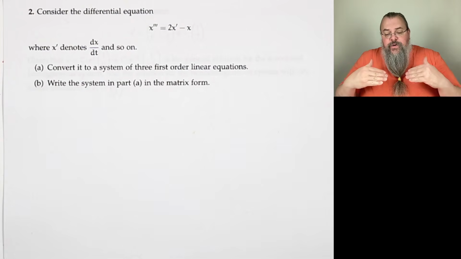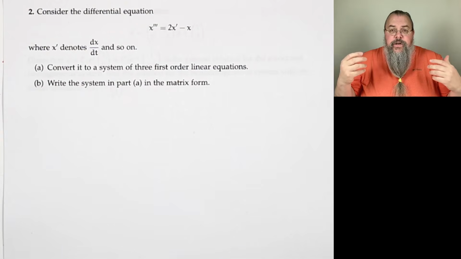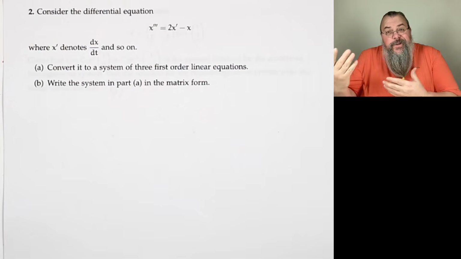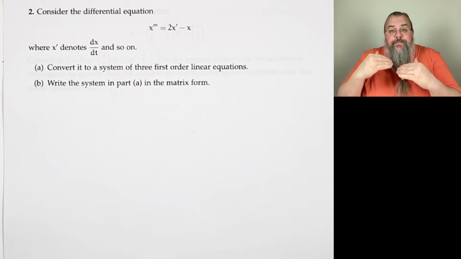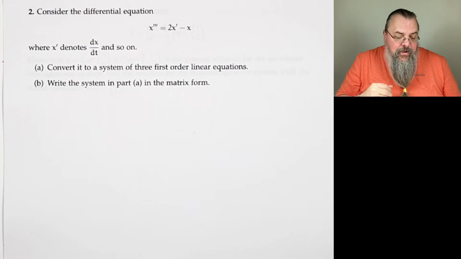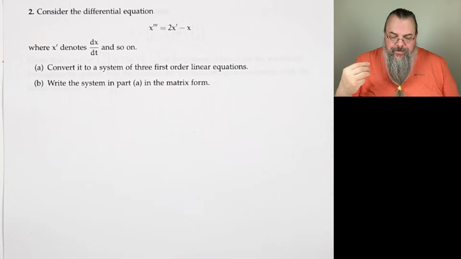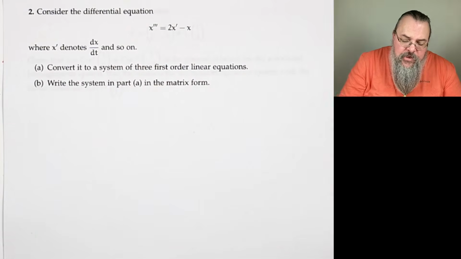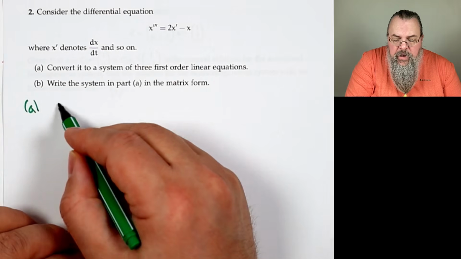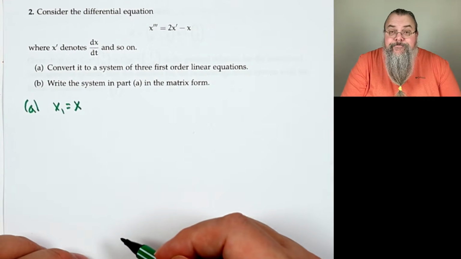If we want to get it down to a large collection of first-order linear equations, we can only involve first derivatives. So how do we get to a third derivative? We're going to climb a ladder. We're going to introduce 3 functions. The first function, in part A, is the function we're interested in: x1 is x.